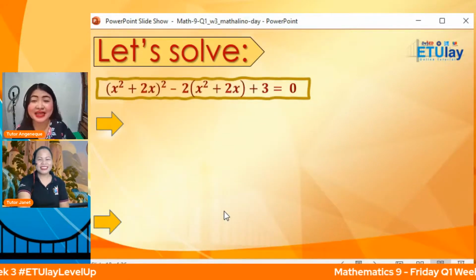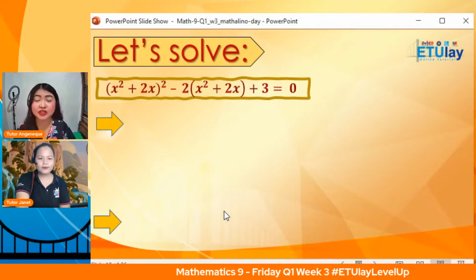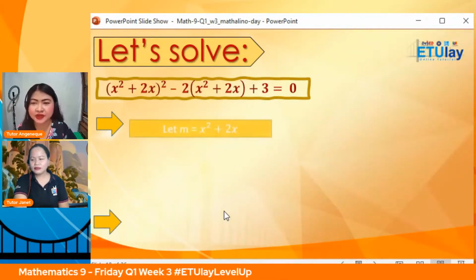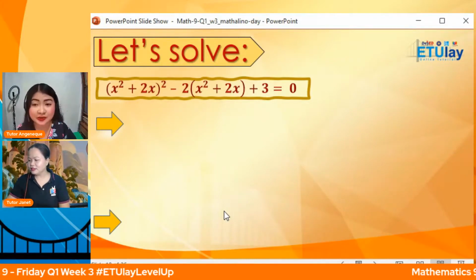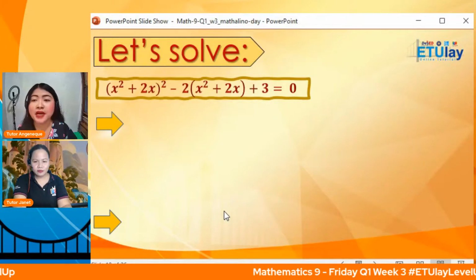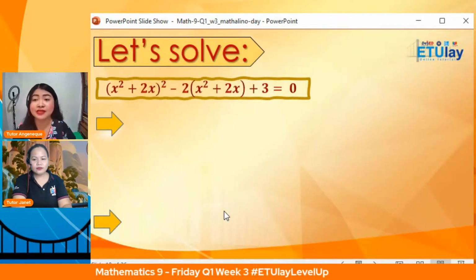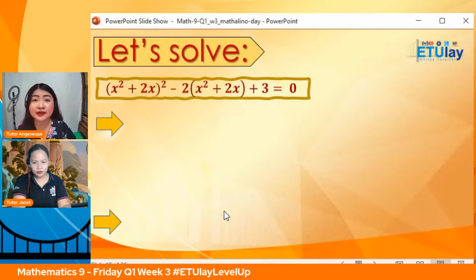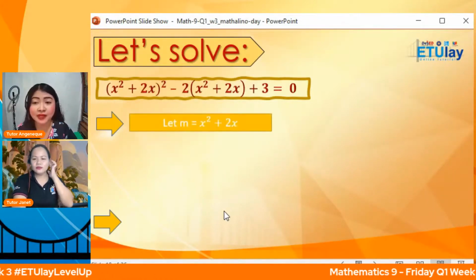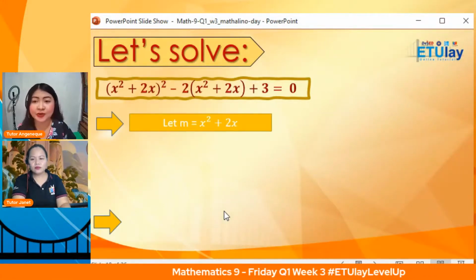Alright. Ayan, dahil natutunan nyo na on how to transform an equation to quadratic form, ngayon, let's try to solve. Okay, so we have here the quantity x squared plus 2x, squared, minus 2 times the quantity x squared plus 2x plus 3 equals 0. So, ang gagawin natin, first, let us use any variable to represent x squared plus 2x. So, pwedeng m.